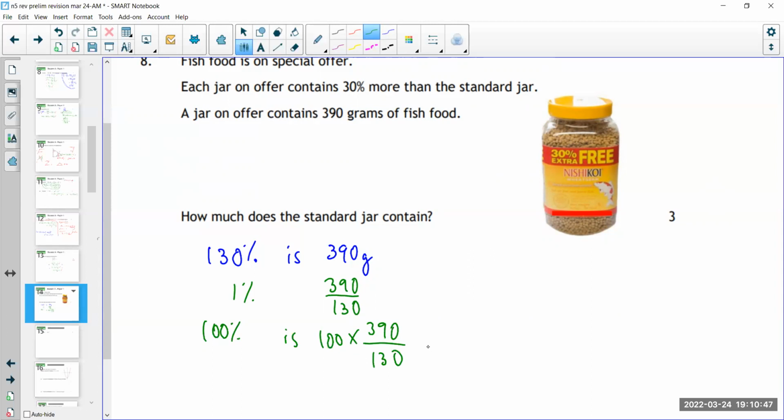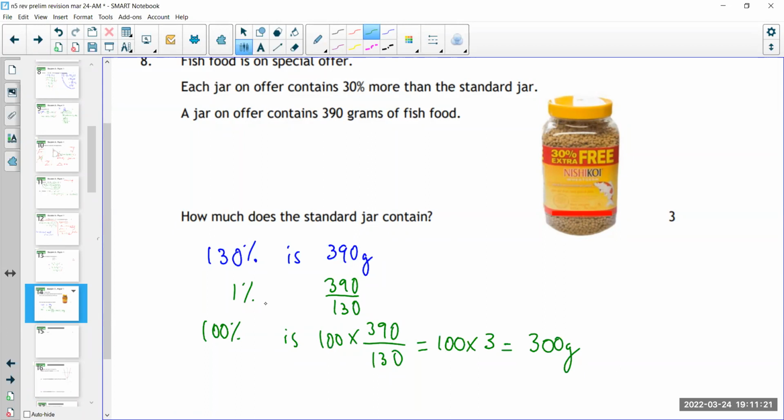Yes, 300. But remember, this is a non-calculator question. So you need to see that 3 times 13 makes 39, right? So it's the same as 100 times 3. And that is 300 grams. So the standard jar contains 300 grams.